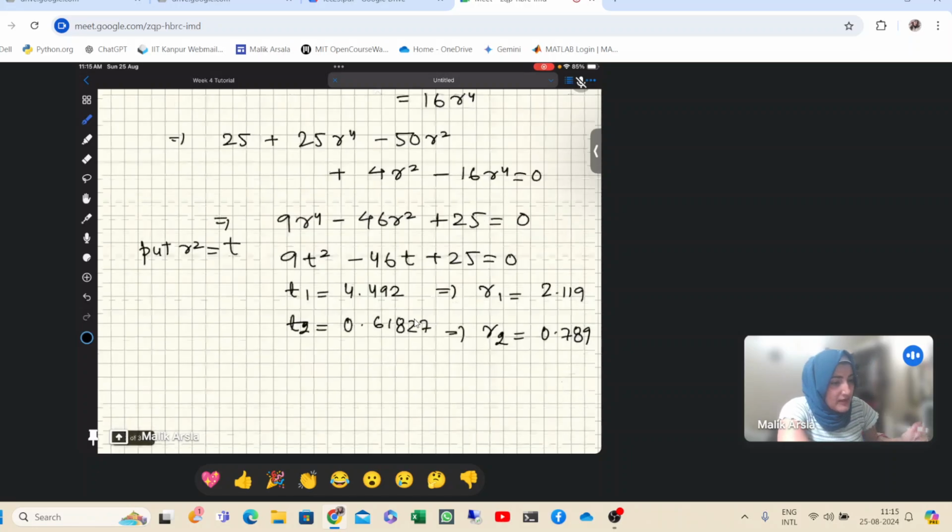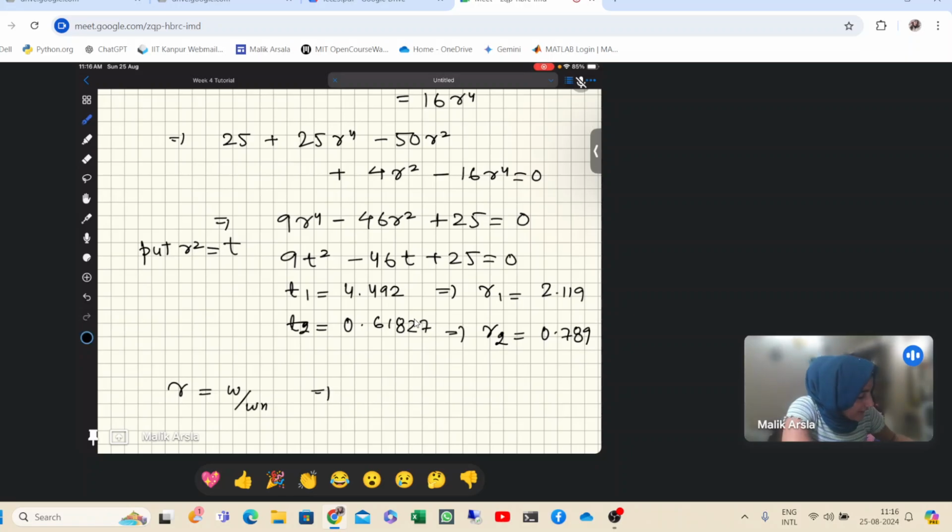Now omega n: we know that R is equal to omega upon omega n. You know this formula, which implies that omega n we have to find, so omega n will be omega upon R.